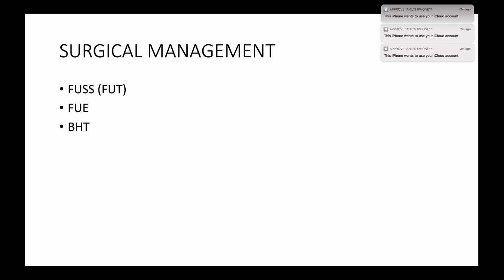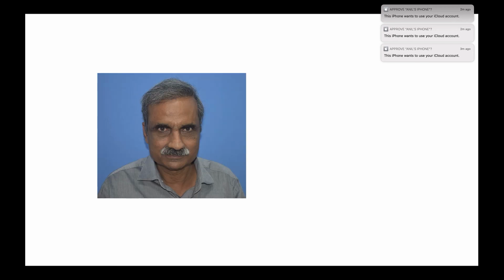Surgical management includes first, commonly called FUT. Second is the follicular unit excision technique, that is FUE, and body hair harvesting technique. What is the purpose of doing the hair transplant? As I said, in patients the entire hairline gets receded, and the composition of the face, the aesthetic three units, upper, middle and lower, get disturbed because of the receding of the anterior hairline.